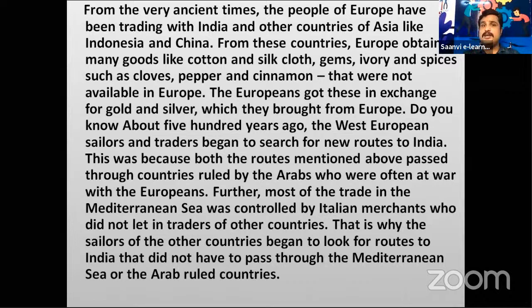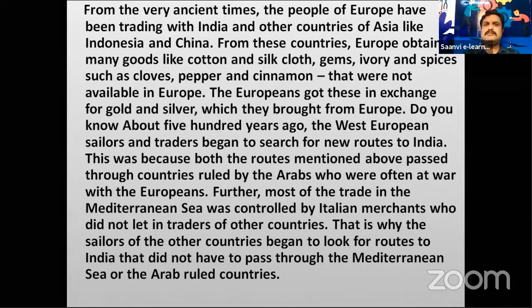With India and other countries of Asia like Indonesia and China. From these countries, you can see a map in your textbook. How they transported goods from one place along the trade route, you can see in the concept book. Please open and see. From these countries, Europe obtained many goods like cotton and silk cloth, gems, ivory, and spices such as cloves, pepper, cinnamon.